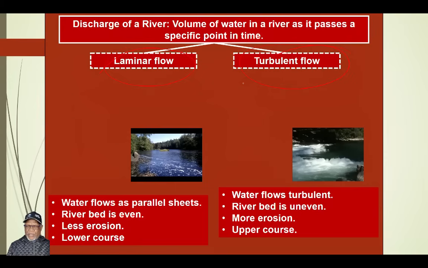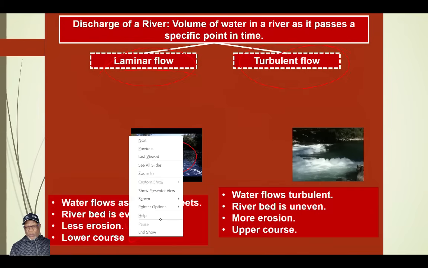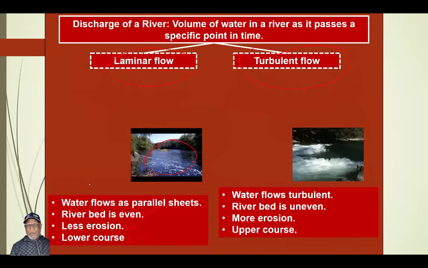When a river flows on an even surface, in the lower course, it is going to flow in a characteristic called laminar flow, where water flows as parallel sheets, as you can see in the diagram here. The riverbed is even or smooth, there is less erosion, and it occurs mainly in the lower course of the river.